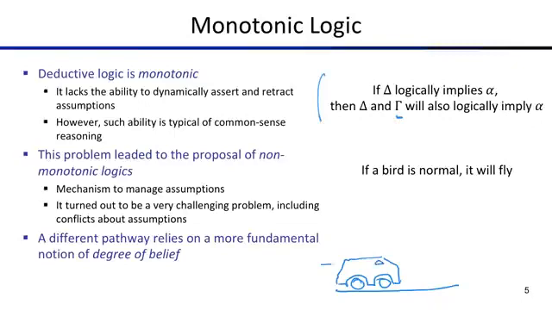All right, and this car is moving towards this little bird here, right? So if we have a purely logical reasoning system, this car is going to stop for every possible bird that we see on the road because we don't know if the bird is normal or not. We are seeing this bird for the first time. So we're going to stop for every bird.